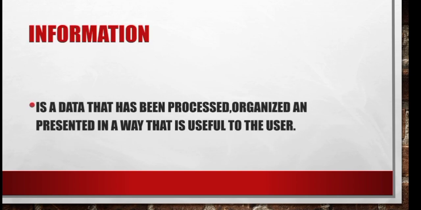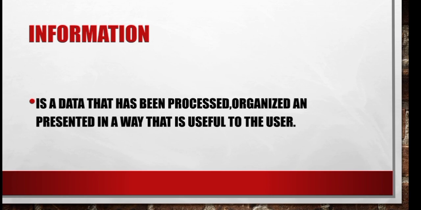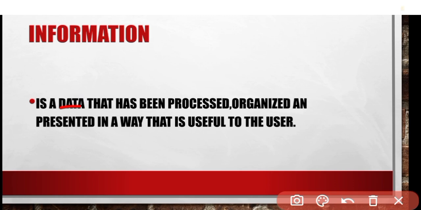So what is now information? We are beginning with the definition of terms. What is information? Information is data. Get back to the definition of data: they are facts and figures that have not been processed. So now information is the data that has been processed.